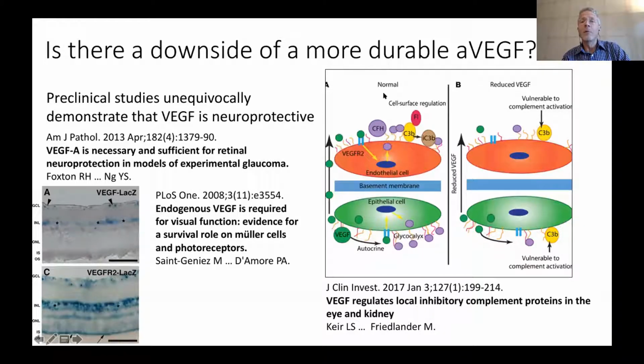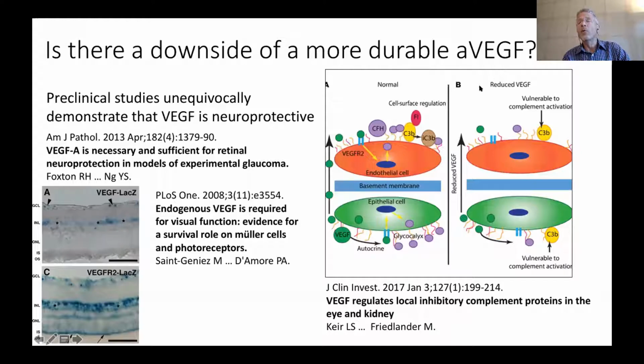So in the normal scenario, VEGF is activating its receptor, and that's instructing the cells to make complement inhibitors, and that keeps the level of complement activity at the appropriate level in things like endothelial cells.